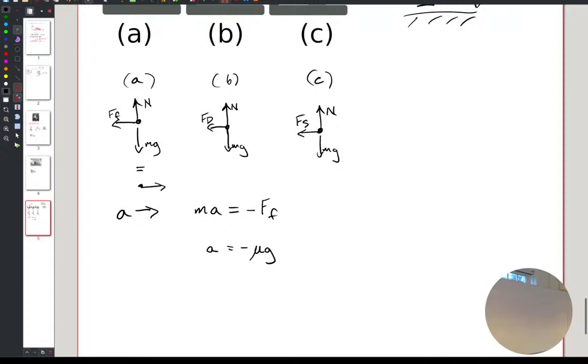Oh, I see. What is x? How far is it going to move?